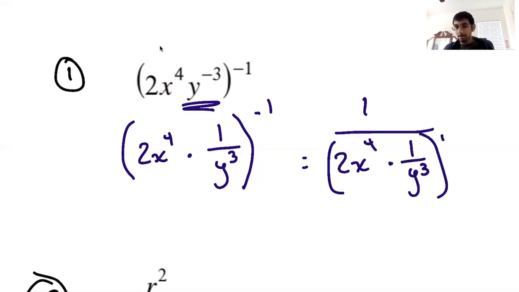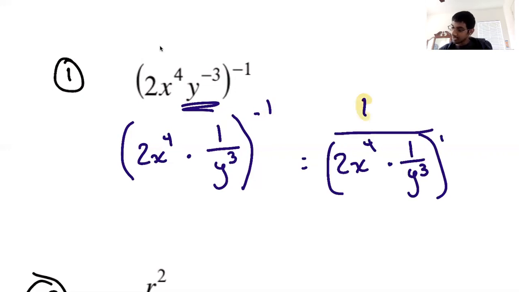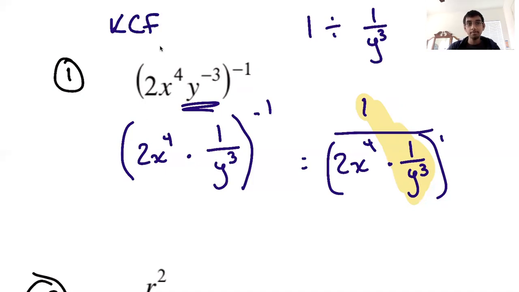And then if you think about it, let's look at this highlighted part. What that is essentially saying is we're doing 1 divided by 1 over y cubed, right? There's this rule called keep, change, flip.